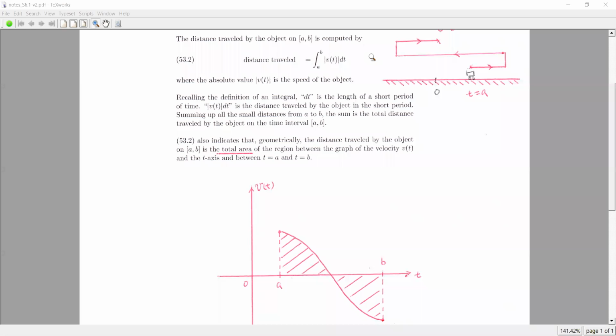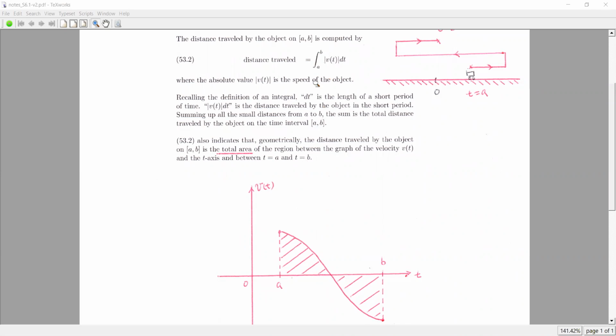If we plot the graph of the velocity function on this interval, for example, suppose this curve is the graph of the velocity function on the interval from A to B. Then this integral is the total area of this shaded region.